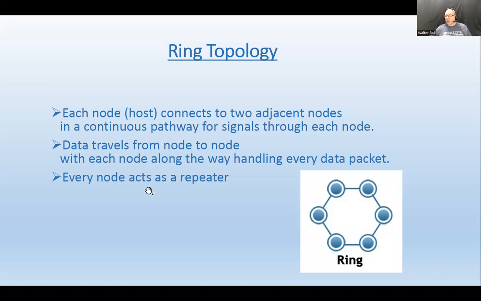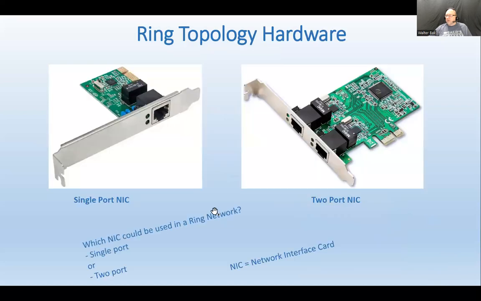So yeah, but back to the topic here. So here's a ring topology. Signal travels one way. For the network cards, I posted something called single port NIC and 2-port NIC, or double port NIC. NIC stands for network interface card. I just chose these pictures because they're big enough for us to grasp.